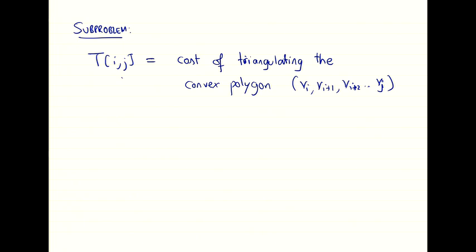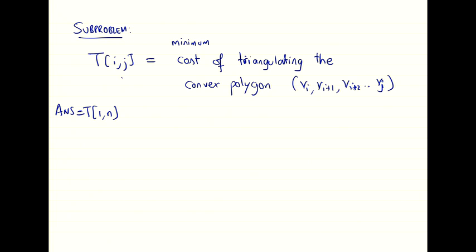Sorry, I should say the minimum cost, the optimal cost, of triangulating the convex polygon formed by this. Those are my subproblems. So if I look at T of 1, n, that's the answer that we're looking for. That's just the entire polygon.